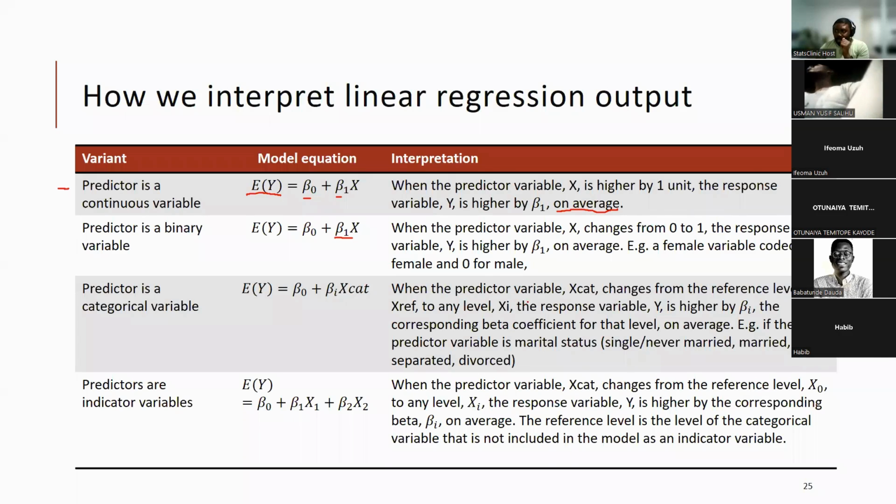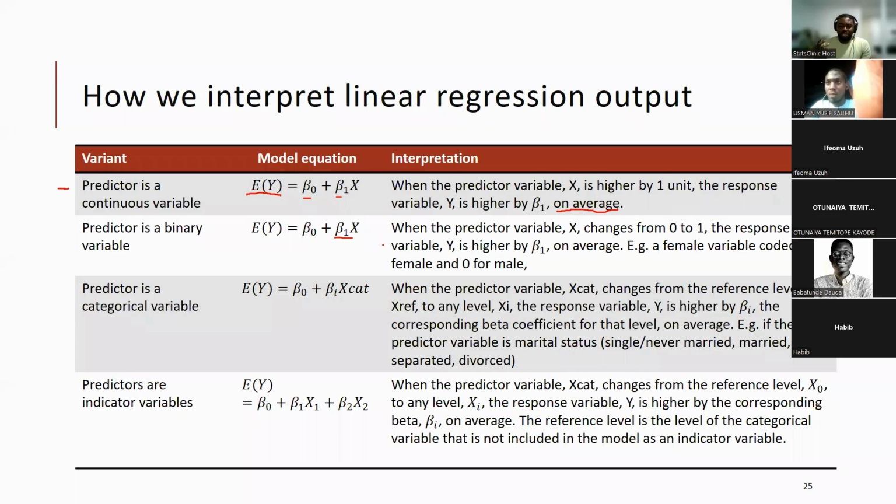Yes, excellent. The beta estimate for the obese group will be the difference between the average working hours in the obese group compared to the average working hours in the normal weight group, because the normal weight group is the reference. It's important to understand how we interpret the regression output to be able to make sense of it.